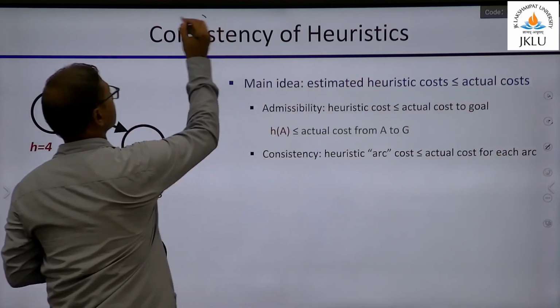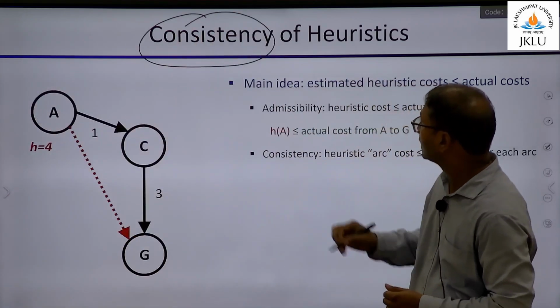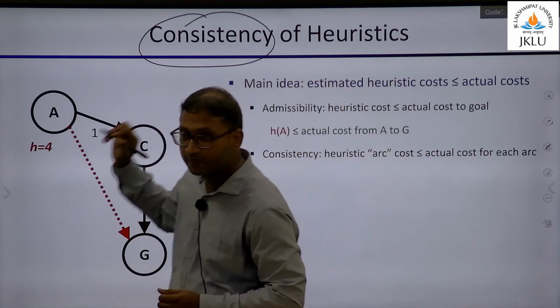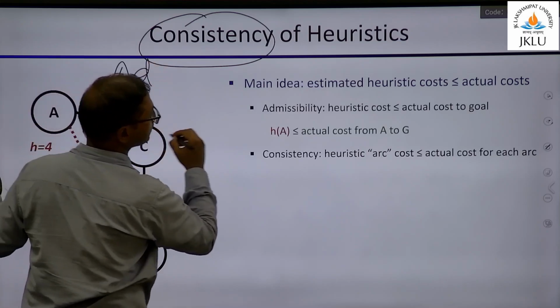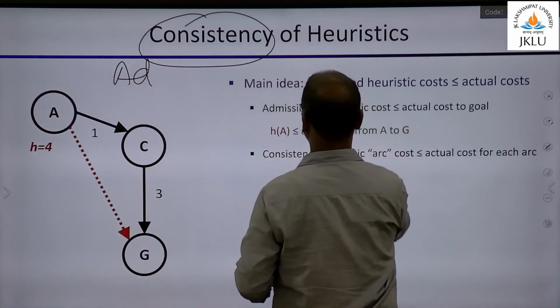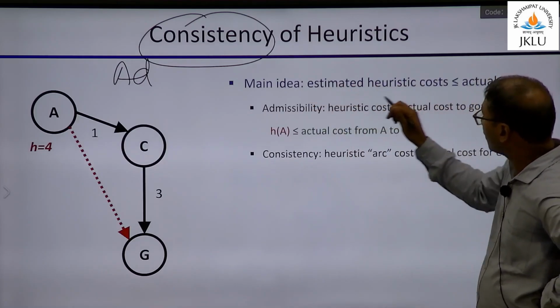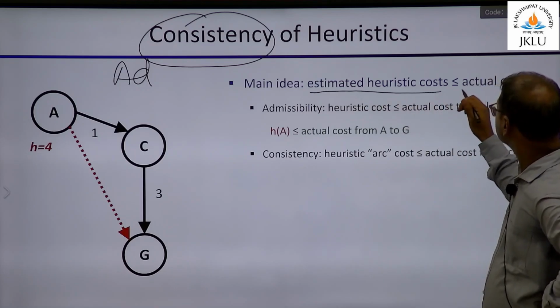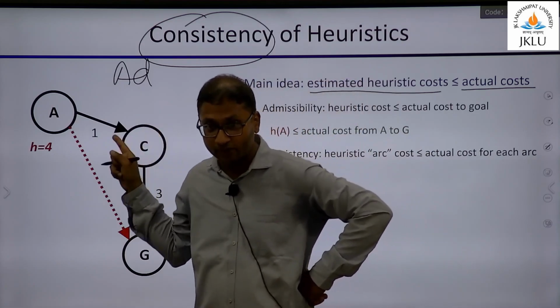Consistency of heuristics. When you are doing A star graph search, admissibility alone is no longer sufficient. Main idea is that estimated heuristic cost should be less than the actual cost. As you already pointed out, H was 4 in that case.